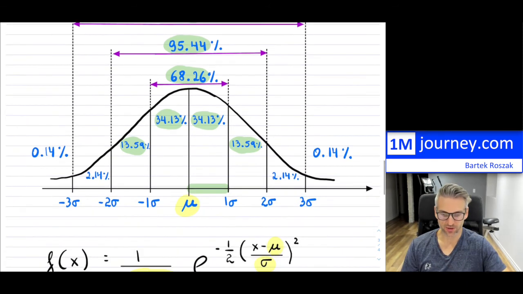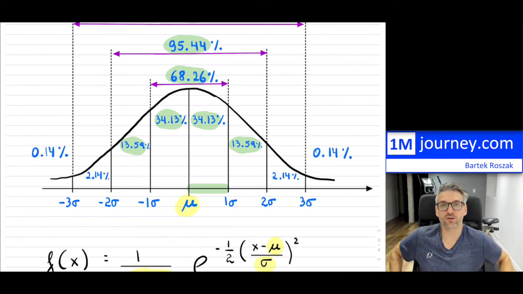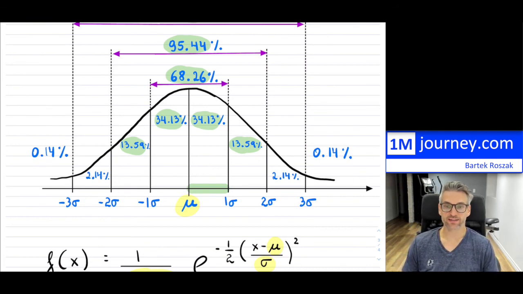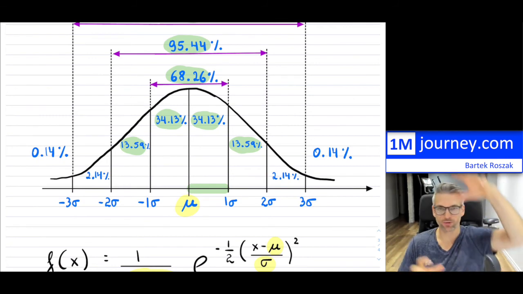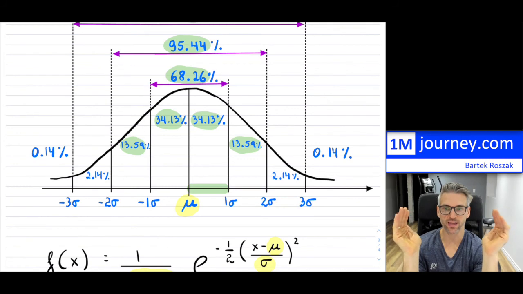You see these very often because it's not always easy to calculate the area under the curve, as you maybe have seen in the video I did on the exponential probability distribution. Because of that, these numbers are always the same. As long as you know what the standard deviation is, it doesn't matter if it's stretched or compressed. All you have to know is how far you are within these standard deviations.